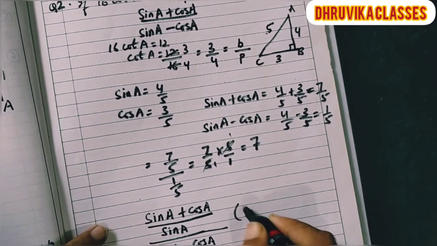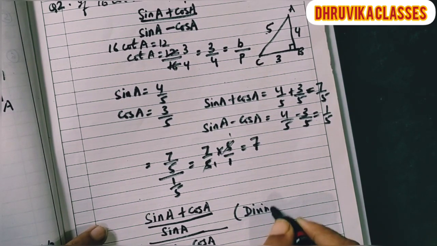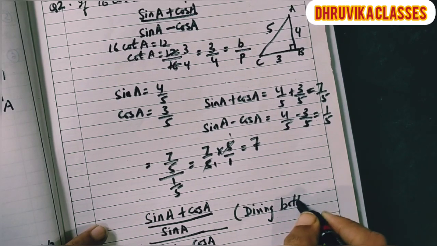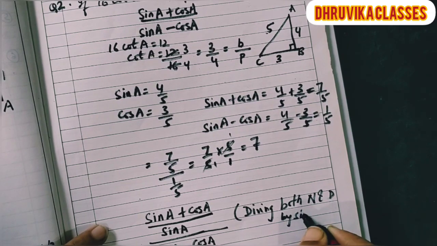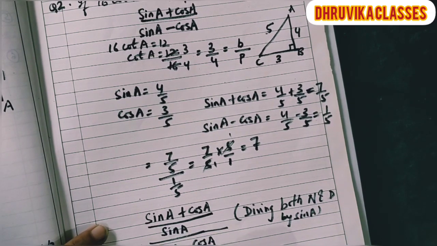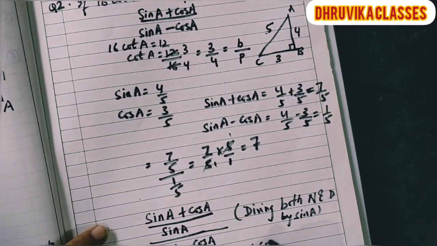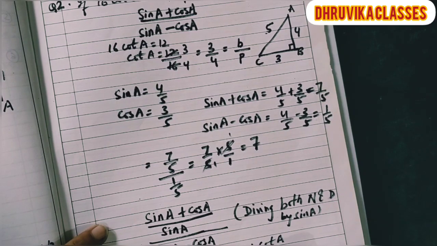Dividing both numerator and denominator by sin A, how much are you getting? Sin A by sin A is 1. Cos A by sin A is cot A, and in the denominator sin A by sin A is 1, cos A by sin A is cot A.